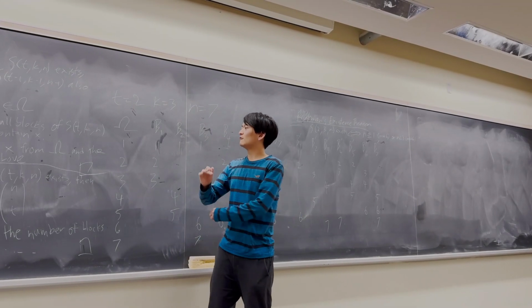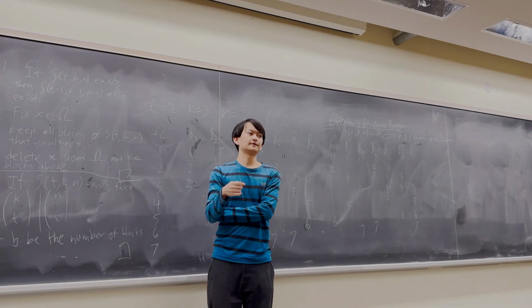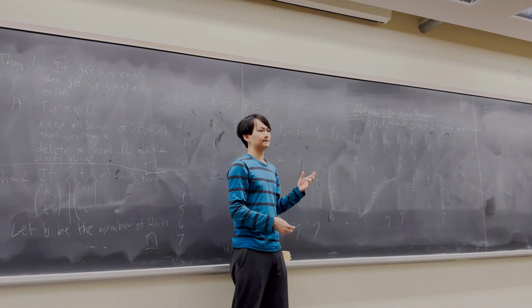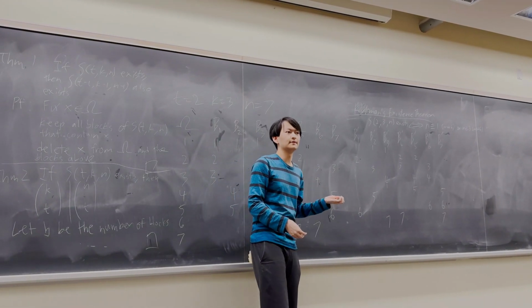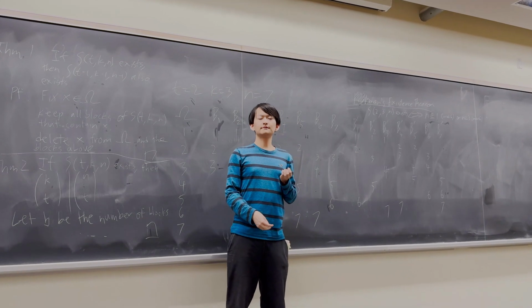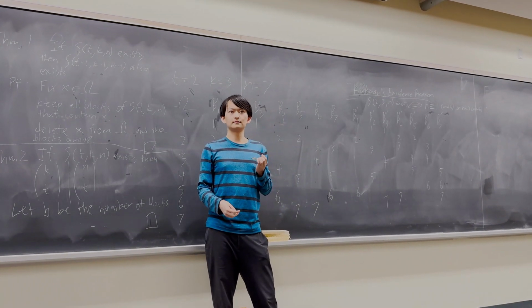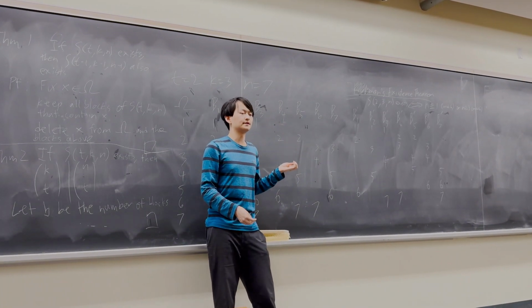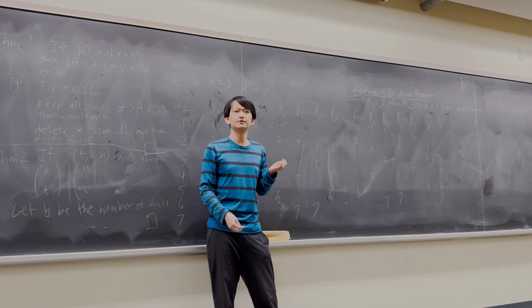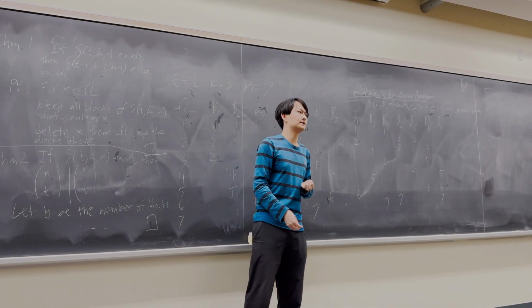Now, one of the major properties of the Steiner system is the fact that for any subset of size t, it's contained in a unique block. So is there a way we can draw out a Steiner system such that it becomes very easy to identify what the blocks are?